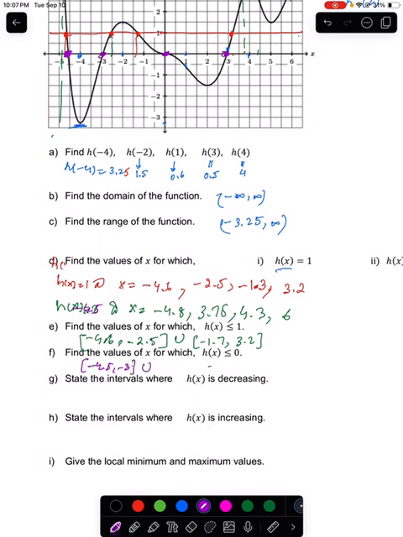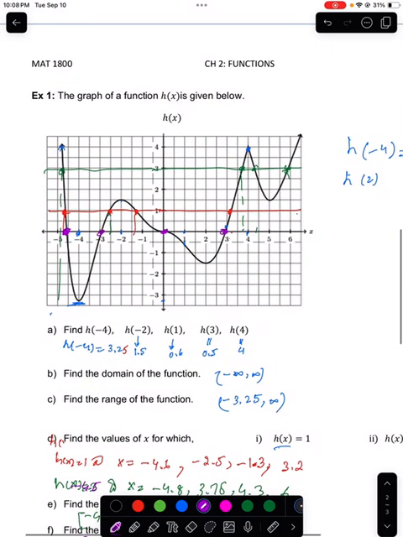Okay, state the intervals where h of x is decreasing. As you can see, the function is coming from negative infinity because there were arrows here at the endpoints.